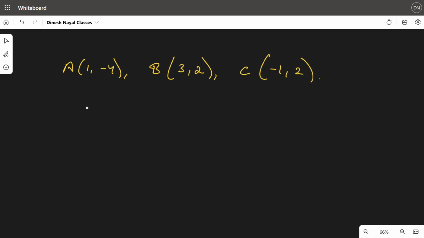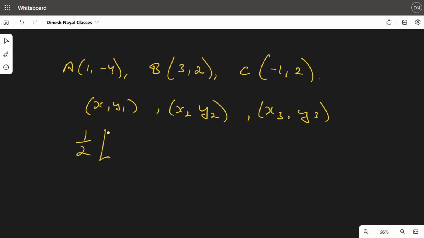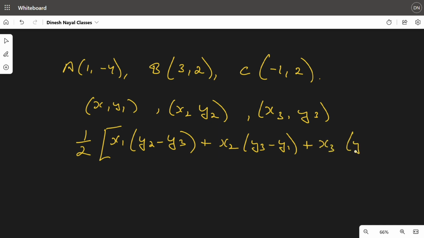Now see, first of all, what's the formula for the area of a triangle? If suppose the 3 points are (x1, y1), (x2, y2) and (x3, y3), then the formula for the area of the triangle will be half, starting with the bracket, x1 times (y2 minus y3) plus x2 times (y3 minus y1) plus x3 times (y1 minus y2).